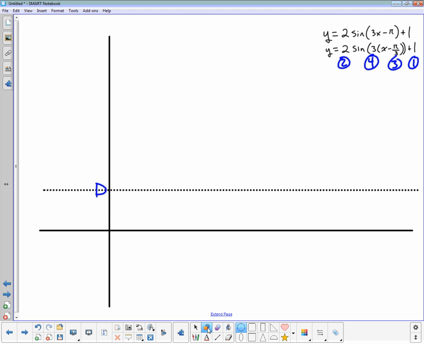So if this is the length of 1, you see, you can use the compass to find out where 2 would be. See how that works?